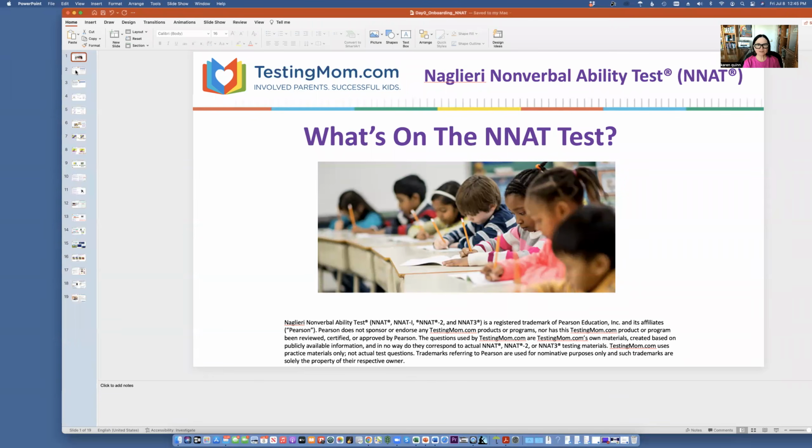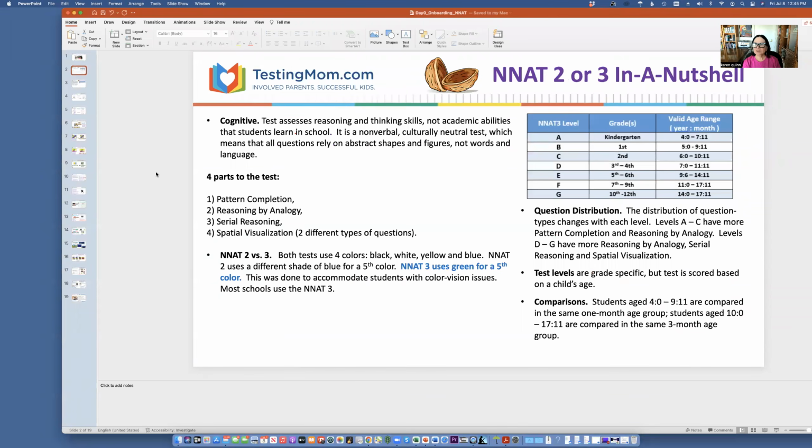Let's look at what this test is like. Okay, so NNAT is a cognitive test. And what that means is it is assessing thinking and reasoning abilities. It's not assessing academic skills that kids learn in school, like math or reading comprehension, although these cognitive skills are the skills you need in order to do math and think your way through math problems or answer reading comprehension questions.